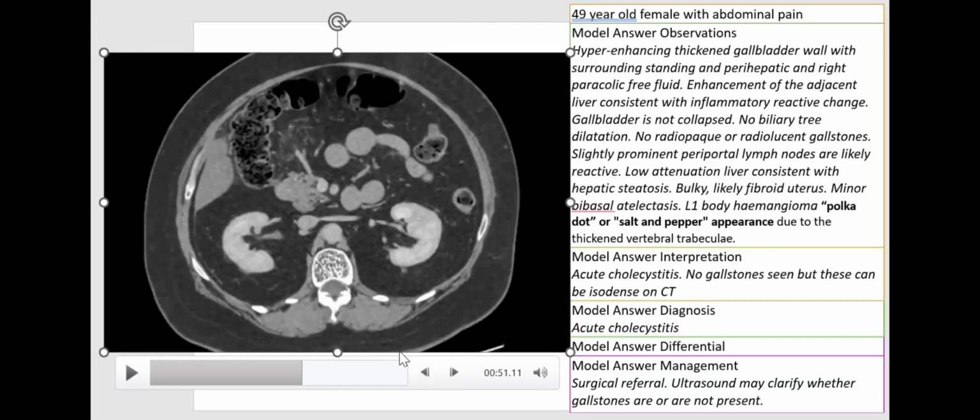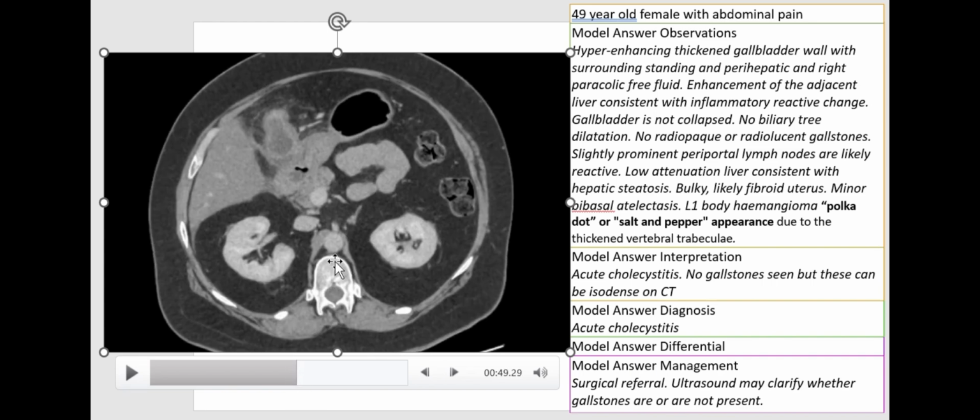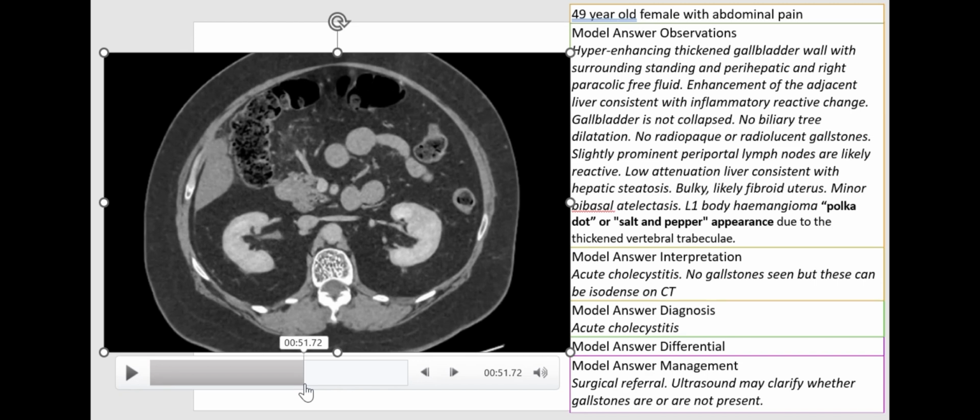Next finding is L1. This is the first lumbar vertebrae. Okay, and here this is the T12 vertebrae. After that, the first lumbar vertebrae.